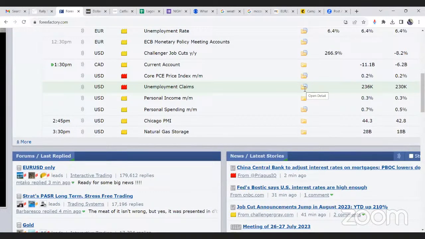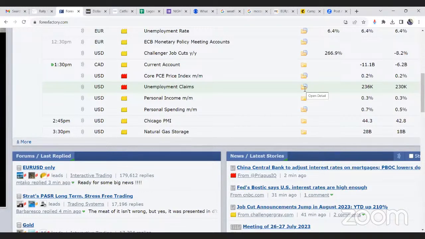Okay. So for last week, we're trying to find out how many people made a claim for unemployment benefit. Now, if there's an increase in the number of people requesting unemployment benefit, it means that there is an increase in the level of unemployment in the US.